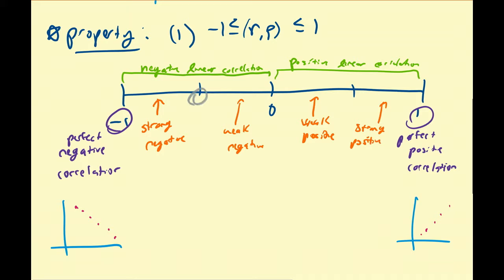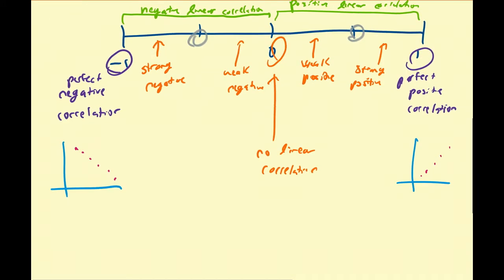And as far as what these numbers are actually equal to, whether they're 0.5, 0.8, 0.95, it really depends on the application, and it's a subjective thing depending on what you're actually measuring. And of course, 0 corresponds to no linear correlation. And this goes back to the case where you have something like this.